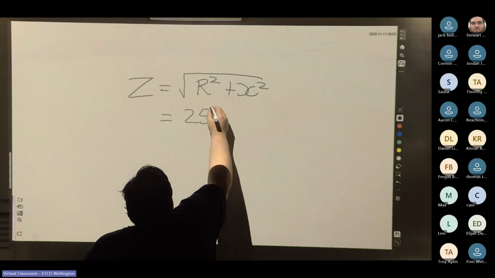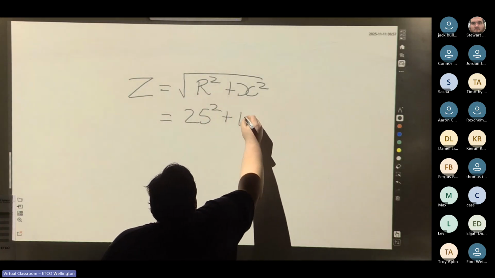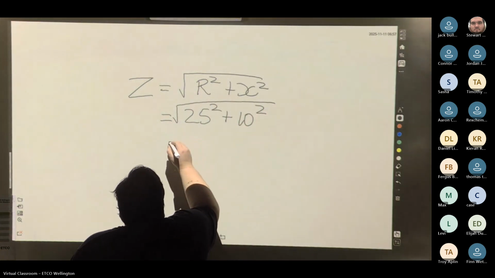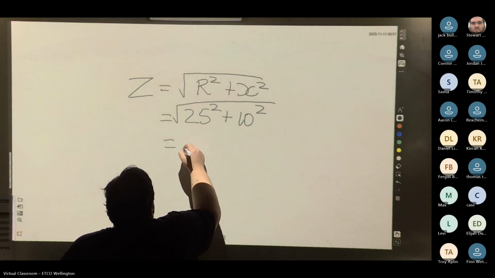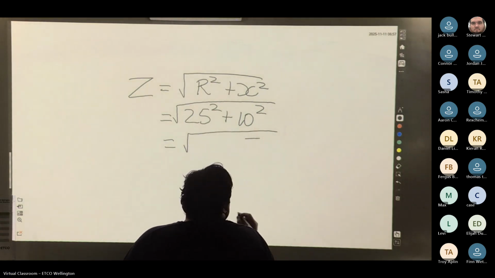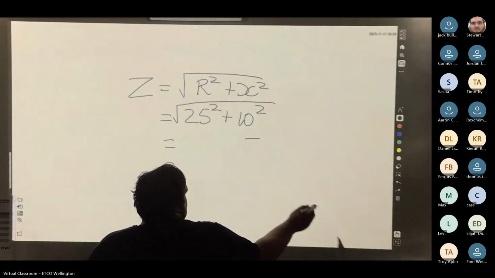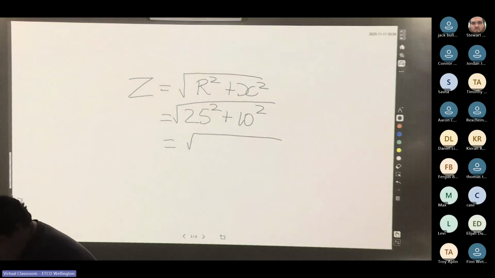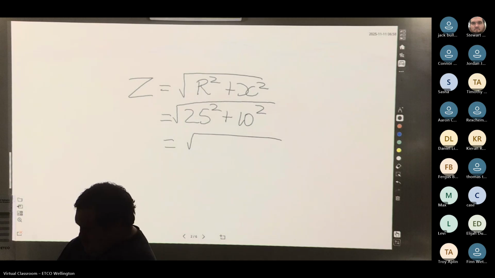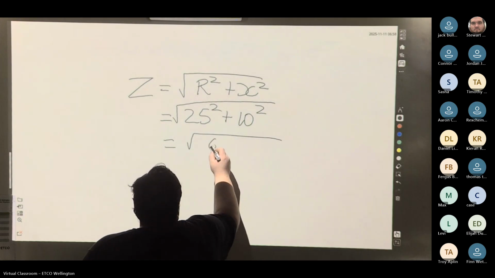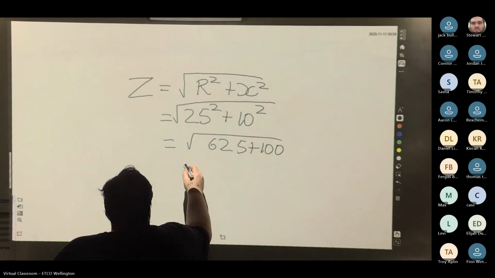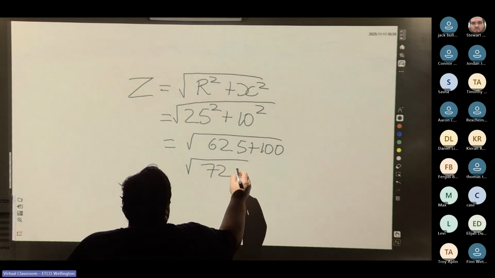So 25 squared plus 10 squared, so square root of 625 plus 100, the square root of 725.